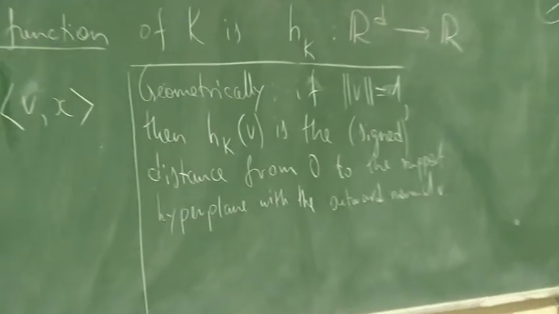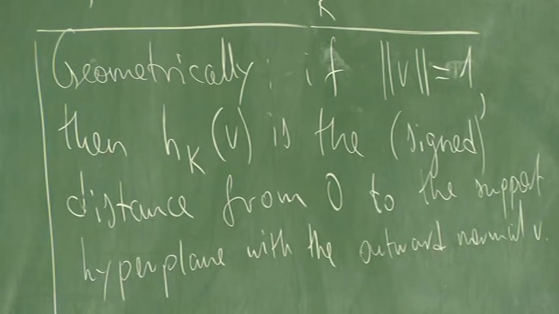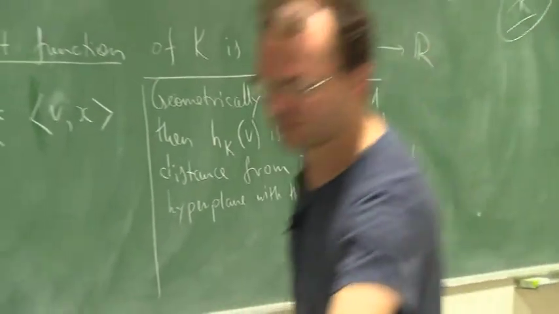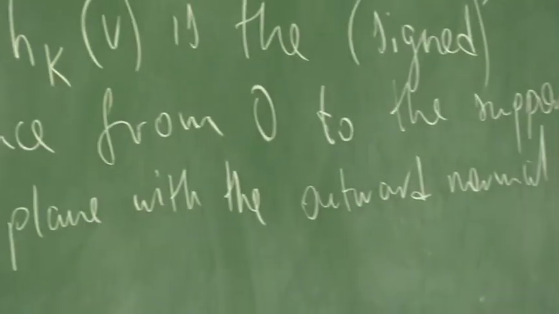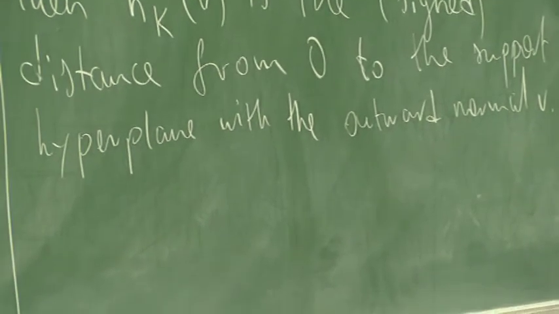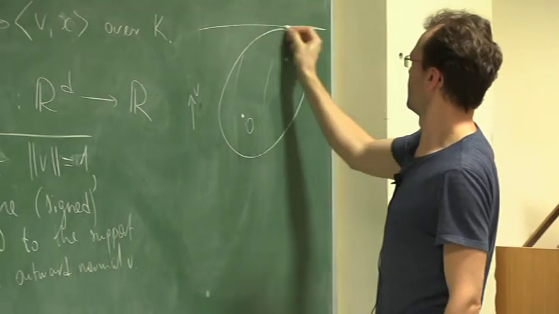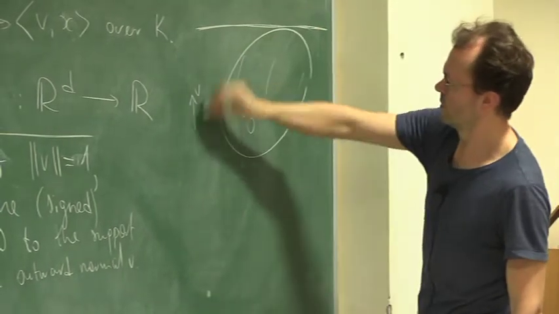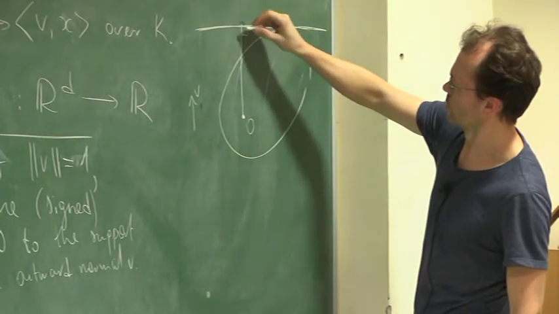So if I almost copy this picture, well, I better erase this picture and draw another one. So I have a convex body and assume that the coordinate origin is somewhere here. Okay. Then if I am given a unit vector v, then I'm looking for the support hyperplane with this normal v, and I am basically computing this distance.